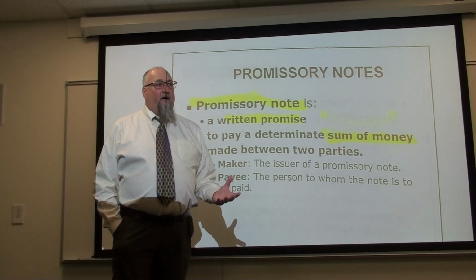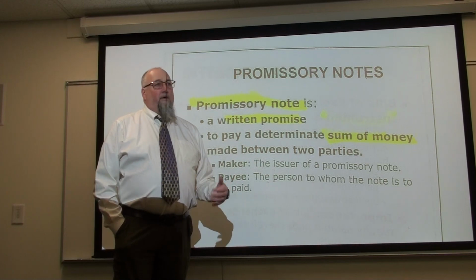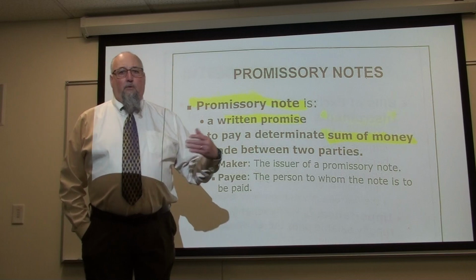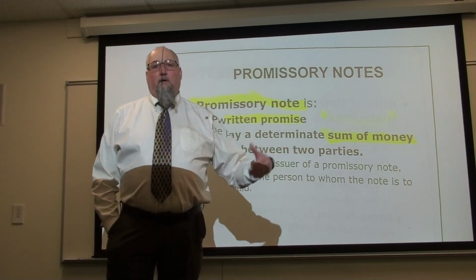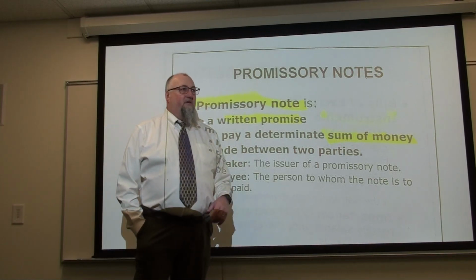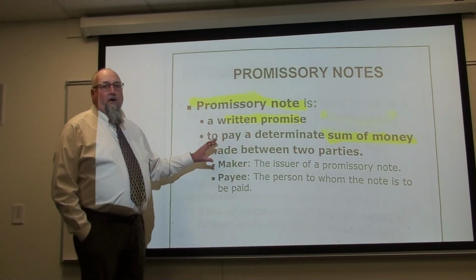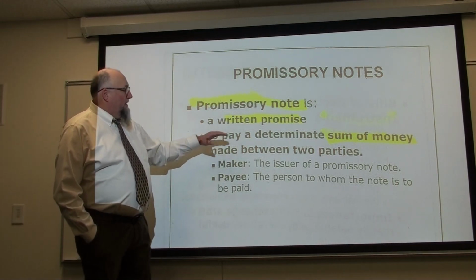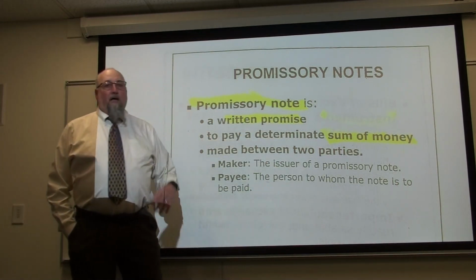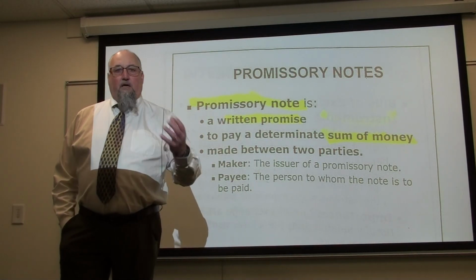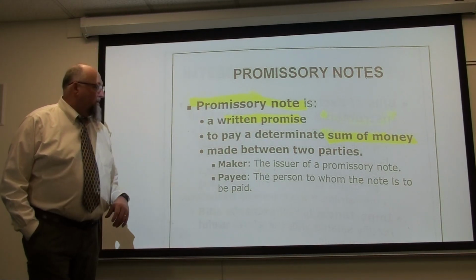That happens all the time in the mortgage industry, where you may go get a bank loan for your house, and that loan may be sold over and over again on the open market. And that's done for cash flow purposes and various things. So a promissory note is different from a check in that it is a promise to pay a specific sum of money at some point in the future. And again, it's a substitute for cash as a negotiable instrument.